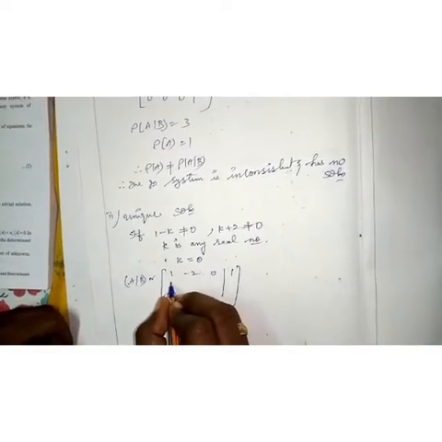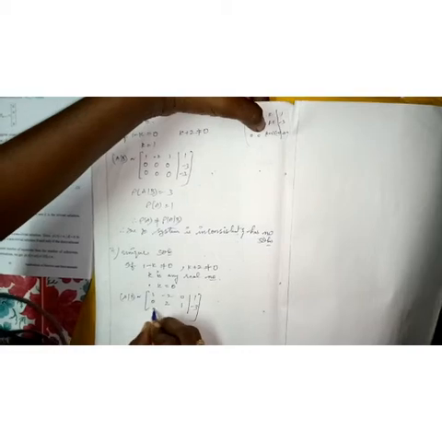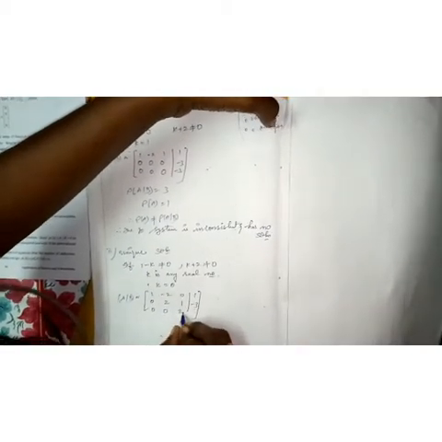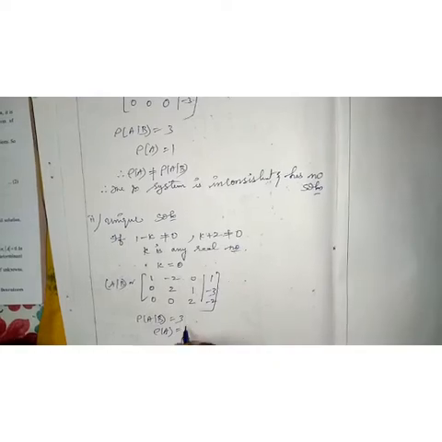The next, k equal to 0 means 2, 1 minus k, 1 minus 3, 0, 0. Here it is minus 2. Then rank of A bar b equal to 3, rank of A equal to 3.